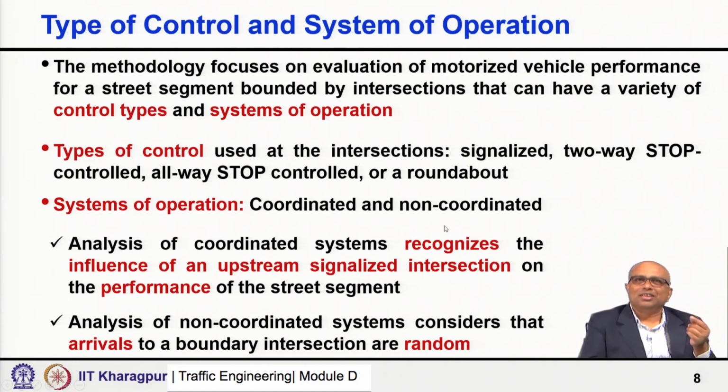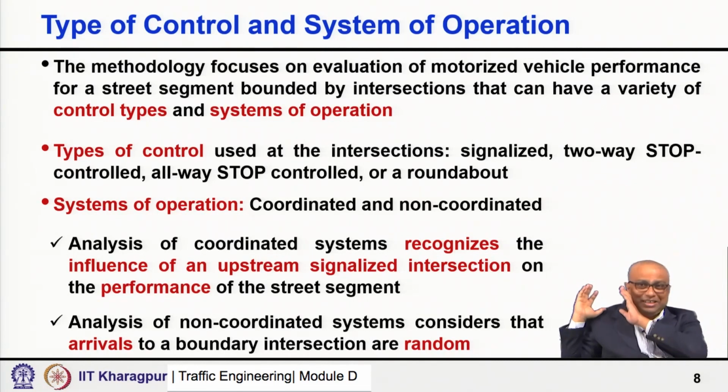Now, here the urban street segments can be analyzed for both systems of operation, coordinated operation as well as non-coordinated operation. When we are analyzing considering coordinated operation, we recognize the influence of an upstream signalized intersection on the performance of the street segments, because signals are coordinated.